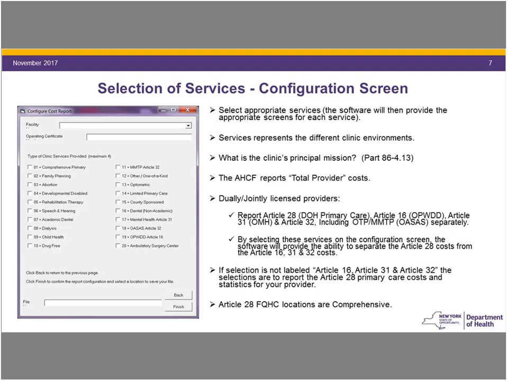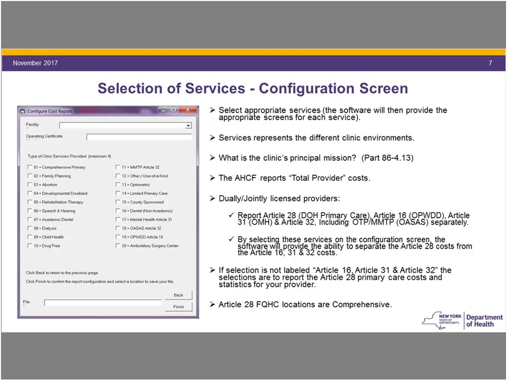One of the things to look at is also the dually and the jointly licensed providers. If there's mental hygiene services, you report the Article 28, your 16, your 31, 32, separately. If you look at the descriptions within the configuration screen, the ones that are the Article 28 services do not have a statement of Article 28 at the end.